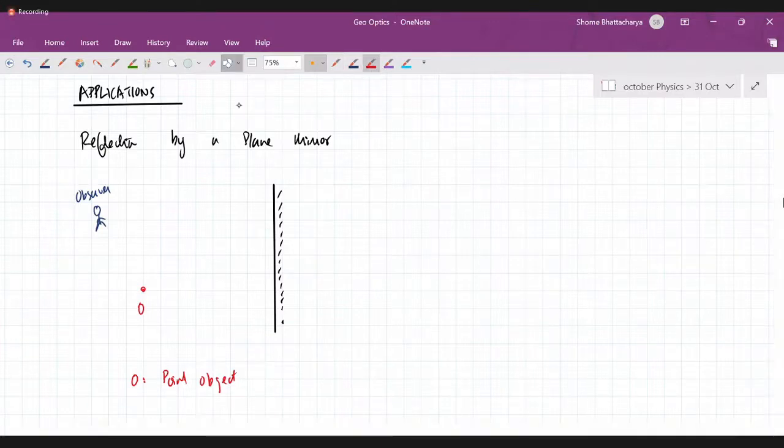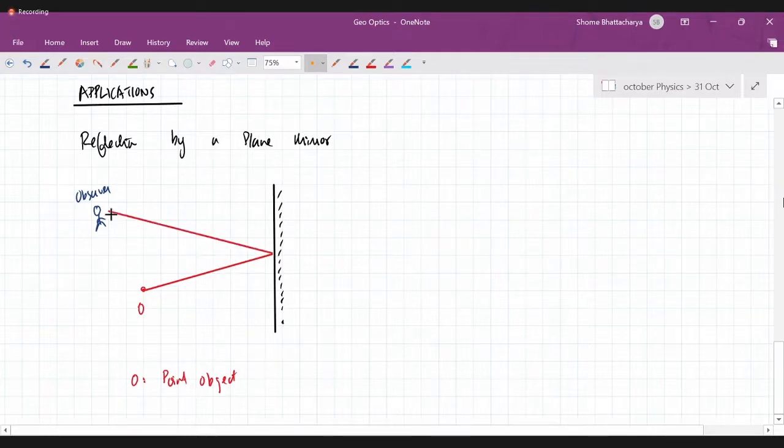It happens because any ray which is incident like this is reflected back like this. Draw a series of rays, for example.